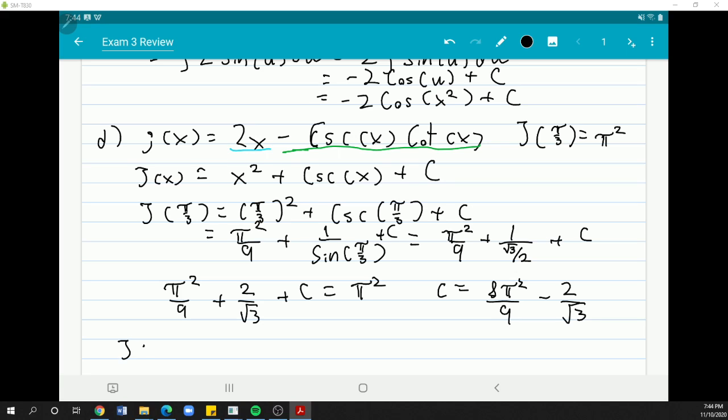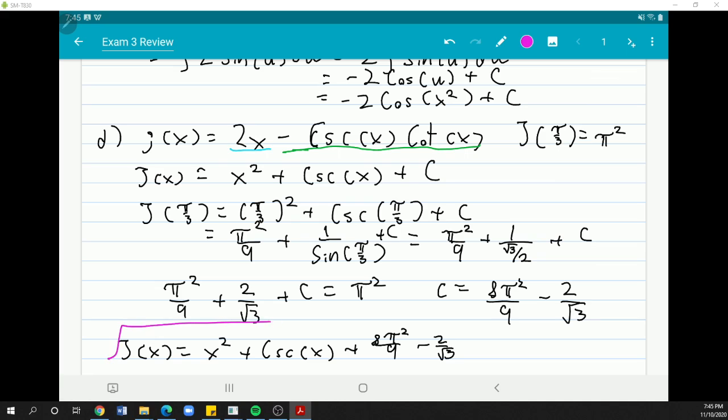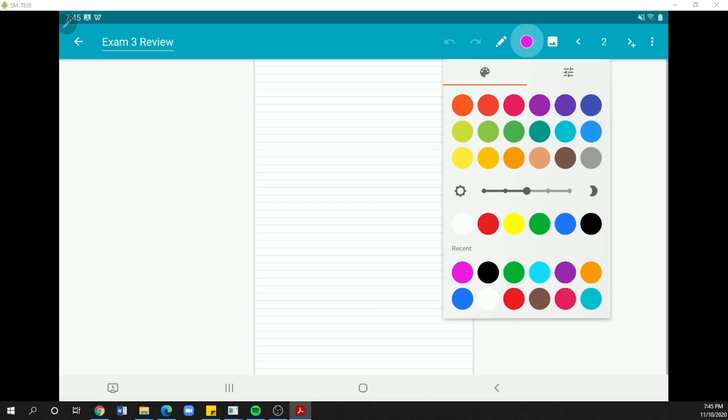So now once again I write j of x is equal to x squared plus cosecant of x plus 8 pi squared over 9 minus 2 over root 3. So not the simplest thing to do, not the most natural constant of integration, but nothing wrong with it either. So that gets us a little over halfway through D.